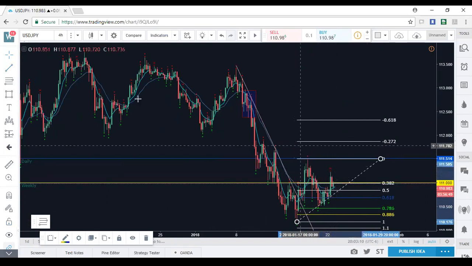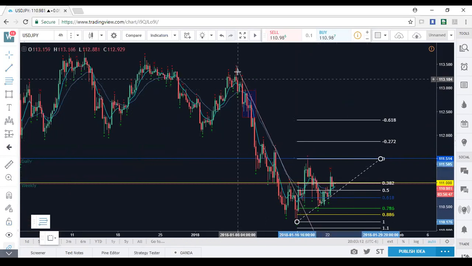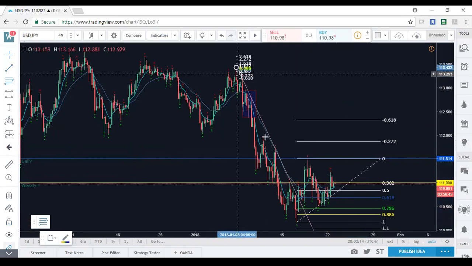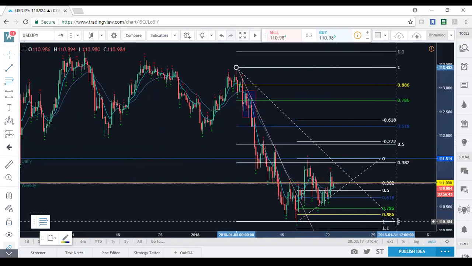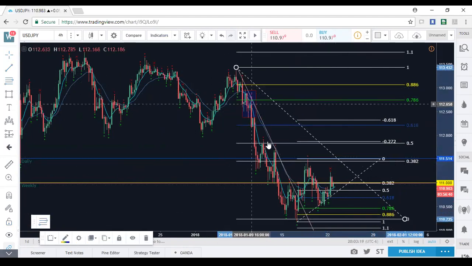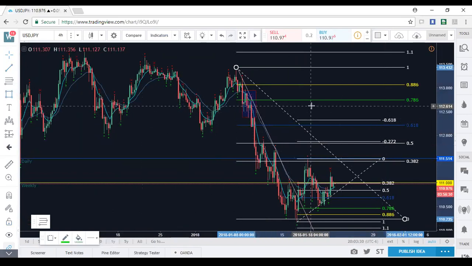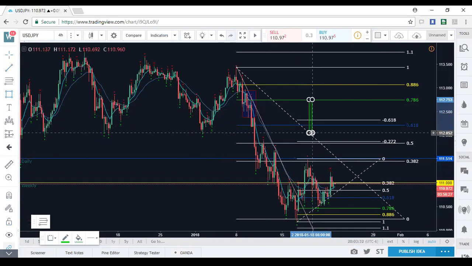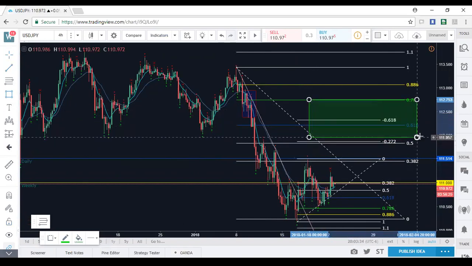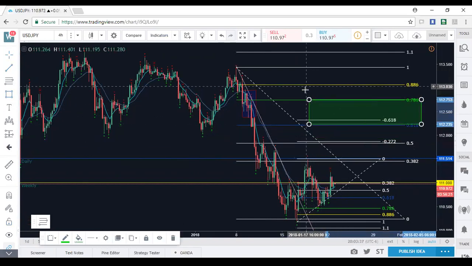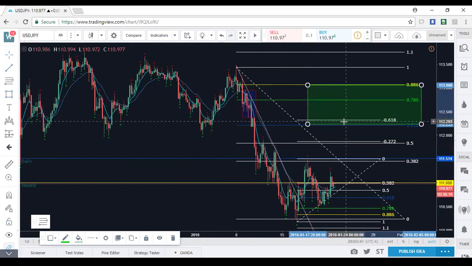Now, where it comes up to, remember the long-term view is short, right? You feel the downtrend. And here's our extensions, the 272 and this 1618 right here. Ultimately, we want to see price fail in between this zone right here.